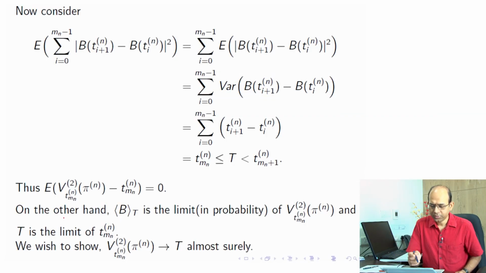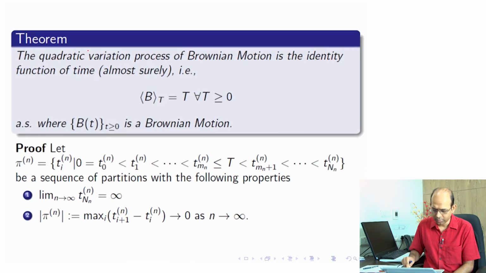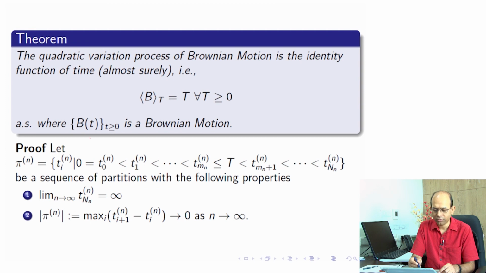Then we consider this summation of B. Note that in my earlier slides I used B subscript t as the notation of Brownian motion, as we have used in earlier lectures to denote any stochastic process as a function of time, writing time as a subscript. Here we are writing B of t, putting time as an argument.